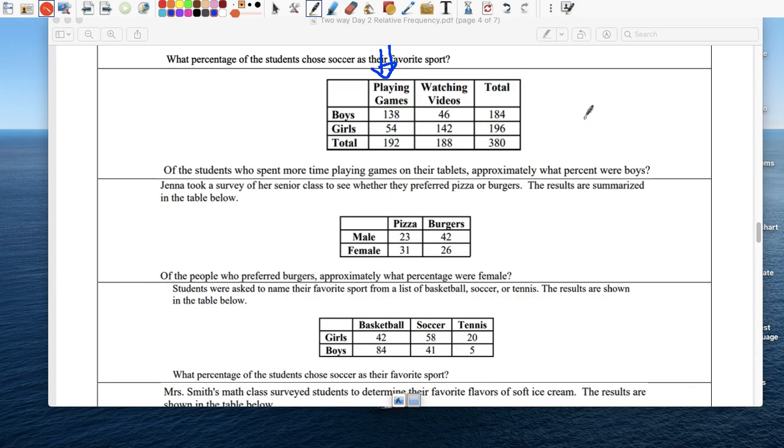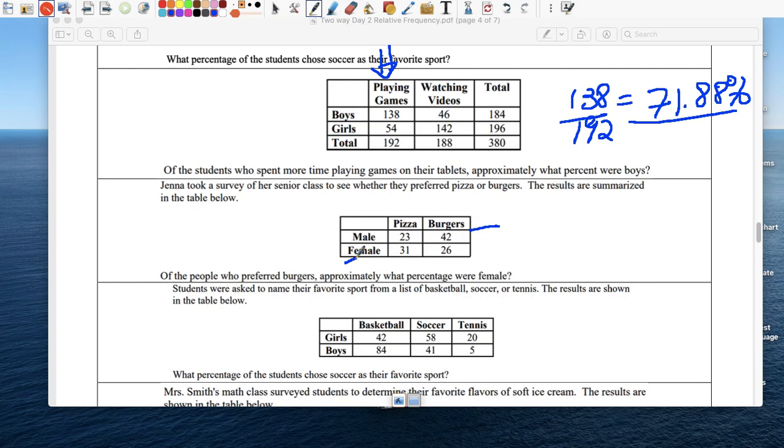What percent were boys? Well, first of all, there were 192 of them who were playing games, and how many were boys? 138. Change that to percent. 138 divided by 192 times 100. And that's going to give us 71.88, rounded to the nearest hundredth.